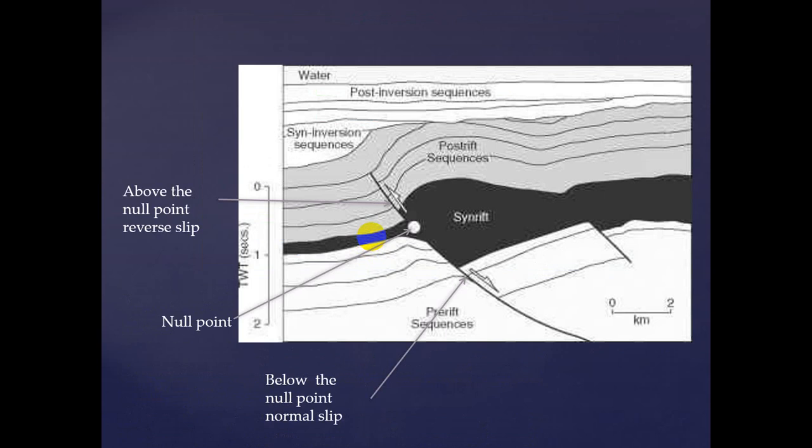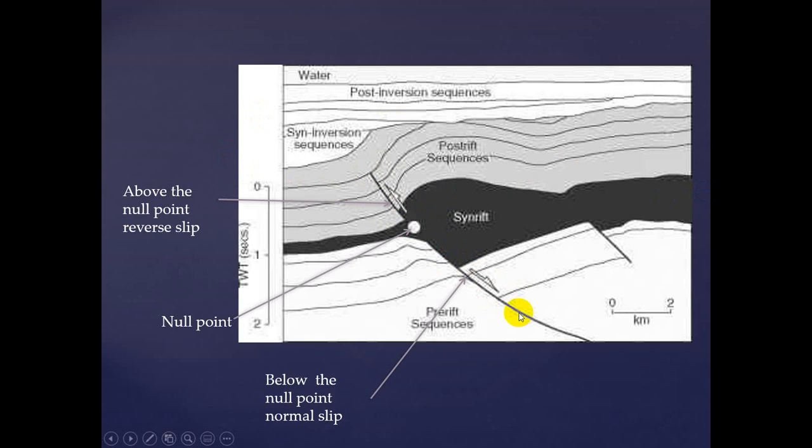This diagram is very important for you to understand. Here also we have faults which were extensional faults one time and are now inverted, so they become reverse faults, contractional faults now. The null point is here, so this part above the null point displays reverse geometry.